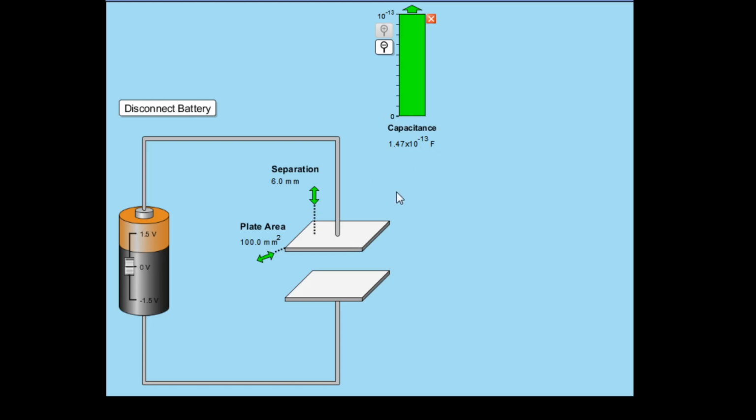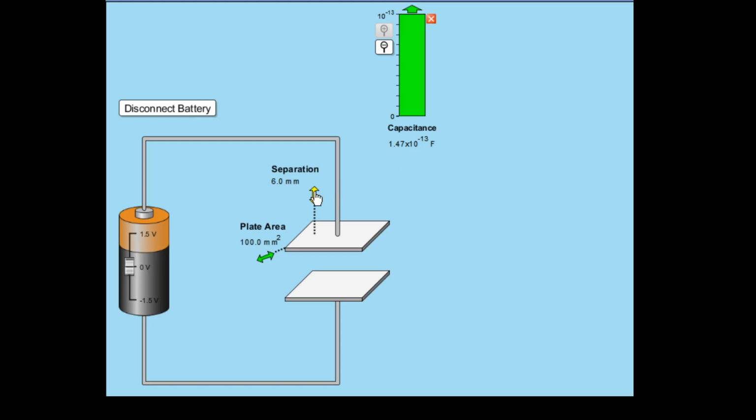The capacitance has increased to 1.47 into 10 to the power minus 13 farad. So here we have kept the area constant and the medium between the plates of the capacitor as air or vacuum. When the distance between the plates of the capacitor decreases, the capacitance increases.